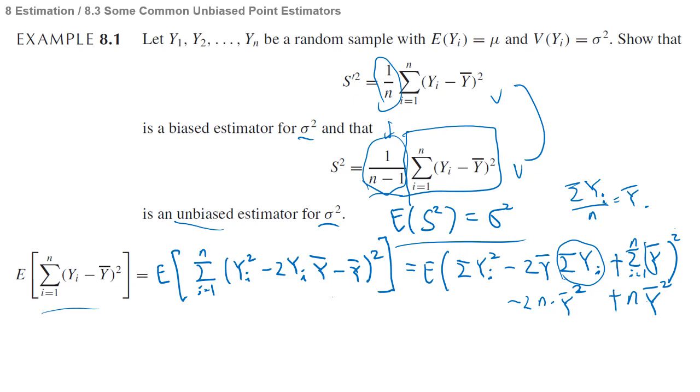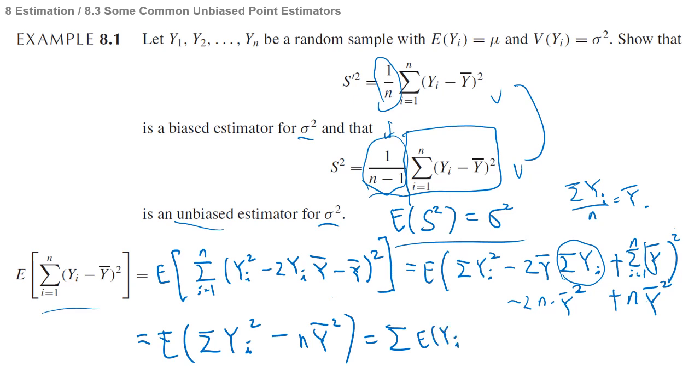Okay, so then this is expected value of sum of yi squared minus n times y bar squared, and so this becomes sum of expected value of yi square minus n times expected value of y bar square.